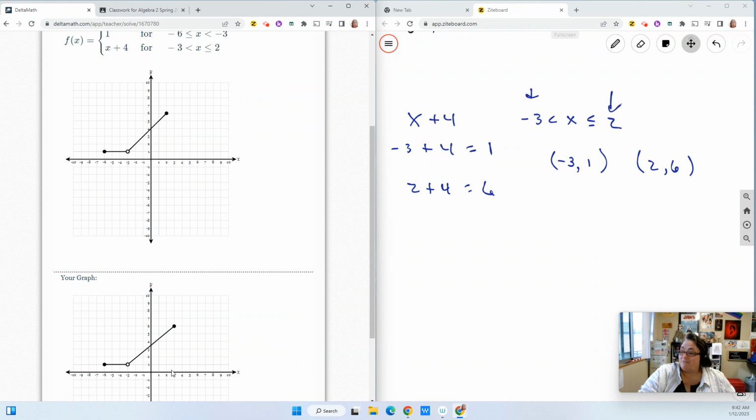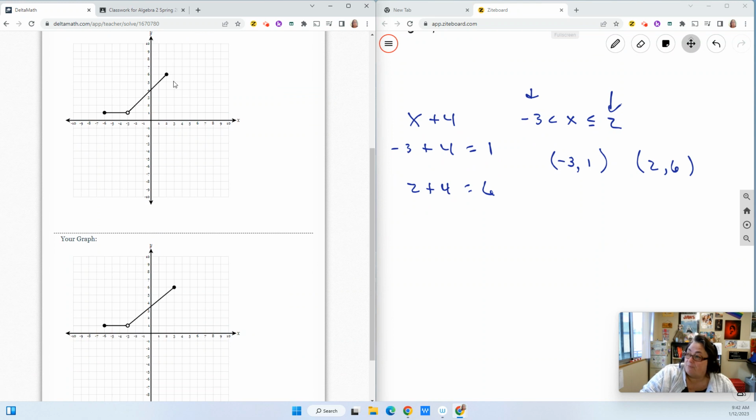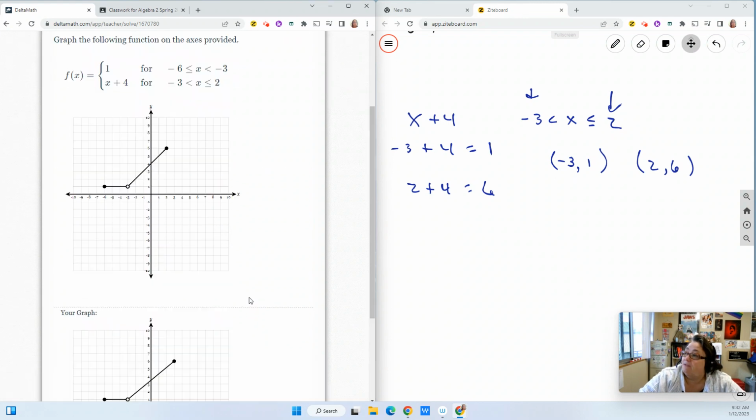Oh, did you see what I did? It's supposed to be 2, 6. My point is 2, 6. I just put the point on 3 instead of 2 on accident. It should have been over 1. So that was a graphing error on my part because I knew my point was 2, 6. I just went over a third spot.